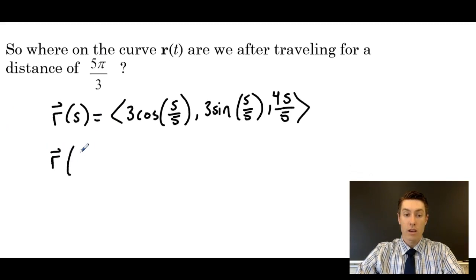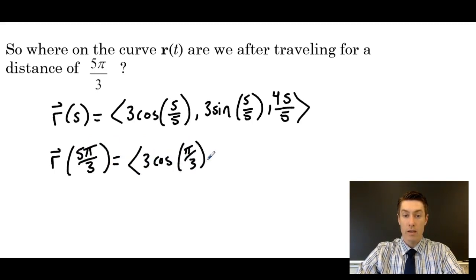So we can calculate r of 5 pi over 3, which is 3 cosine of pi over 3, 3 sine of pi over 3, and 4 pi over 3.